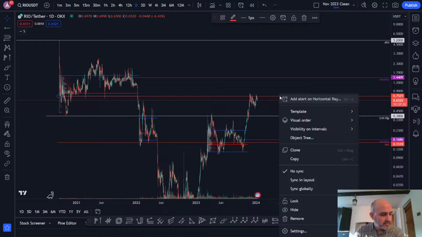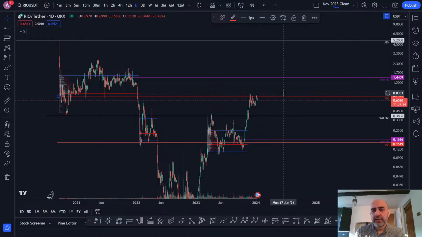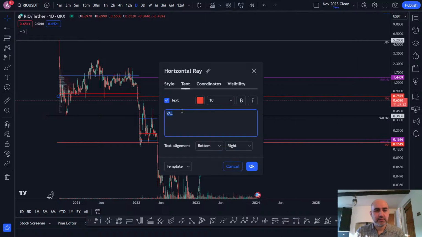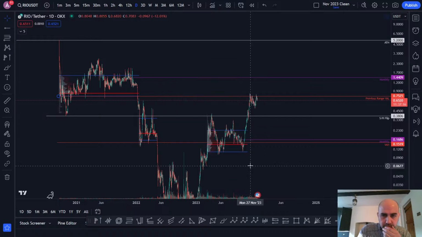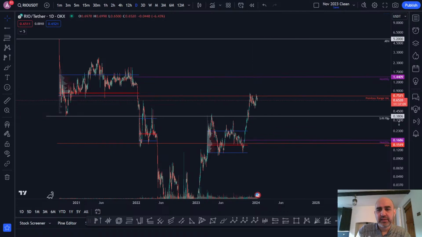We're under resistance right now. I'm going to mark that out. And you see that the point of control was almost next to it. So there's quite a large resistance here.